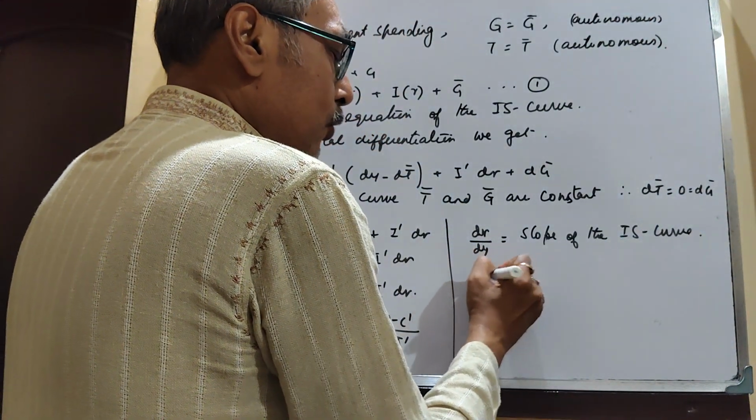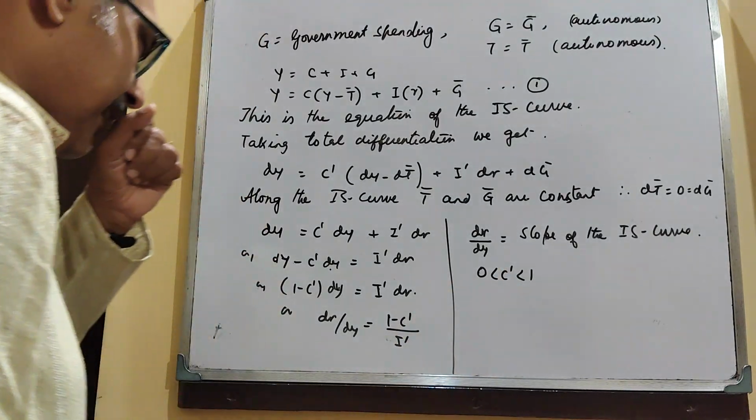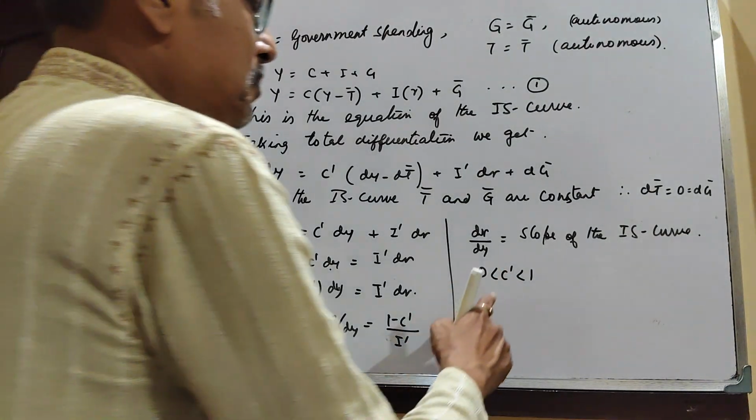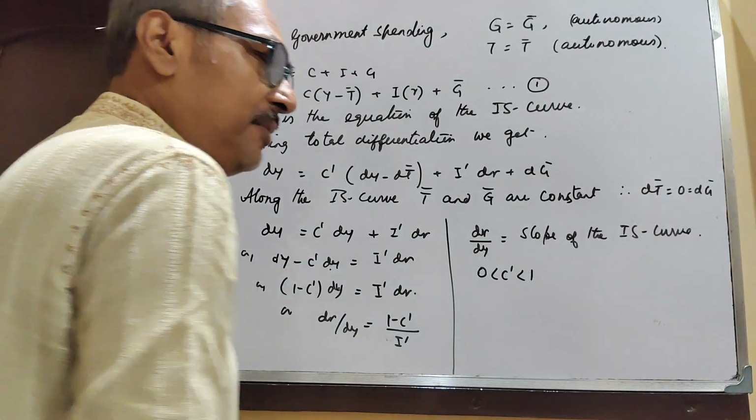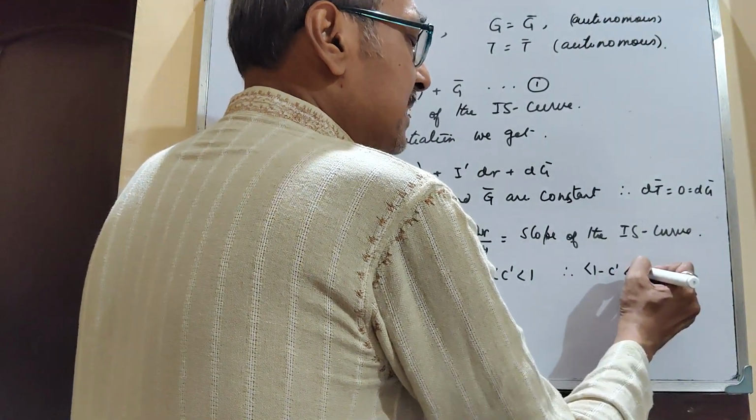Now 0 less than C prime less than 1. This is the Keynesian conjecture that MPC lies between 0 and 1. Therefore, 1 minus C prime is also a positive fraction.